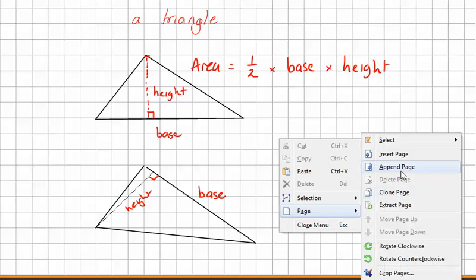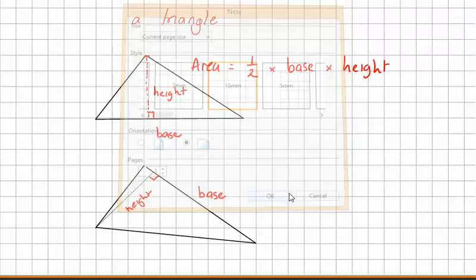In the same way, if you've got a triangle that looks like this, it tends to confuse people. Let's say if I call this the base.